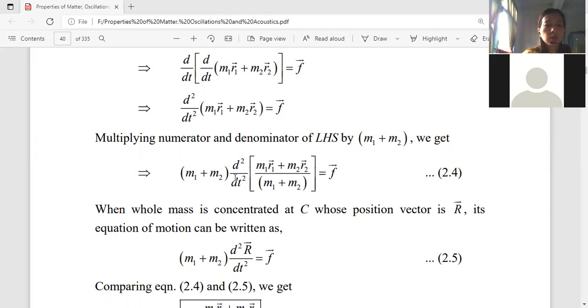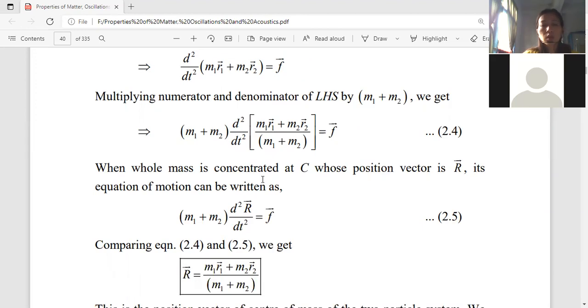The m1 plus m2 terms cancel here, so we get equation 2.4.